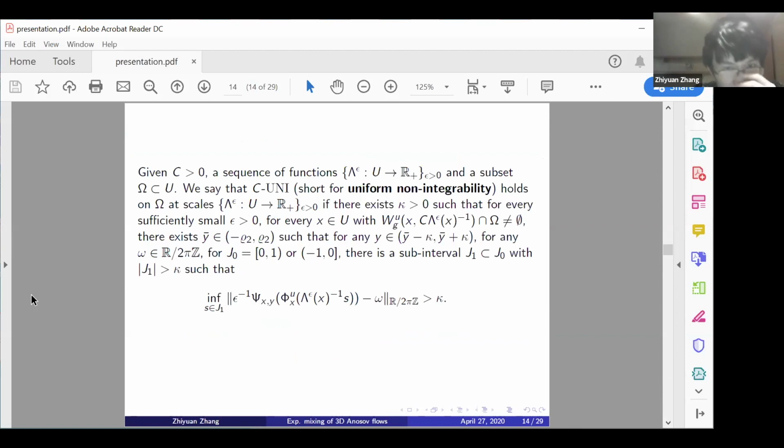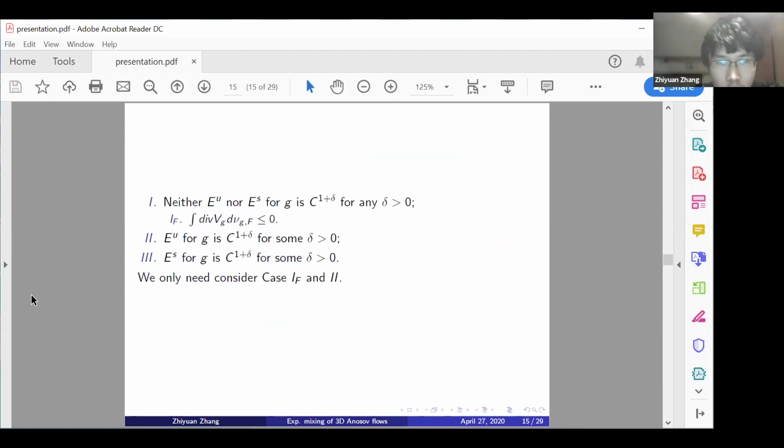Okay, so it is a bit technical. We divided this into several cases. In one case, you assume that neither this EU nor this ES is smooth. Also, you can assume in addition that the average divergence is non-positive.